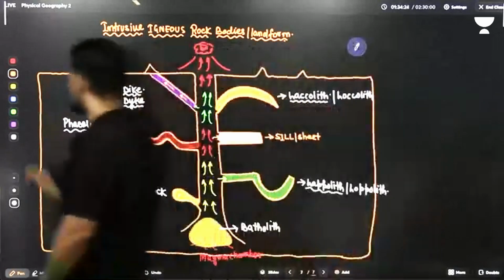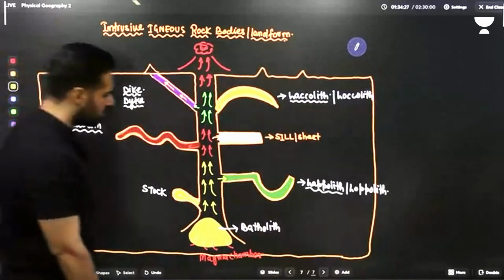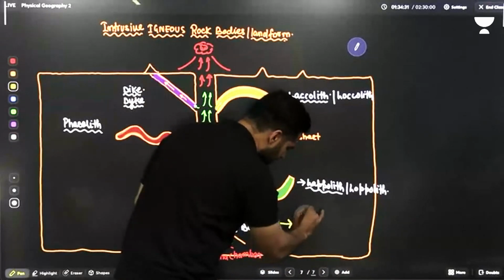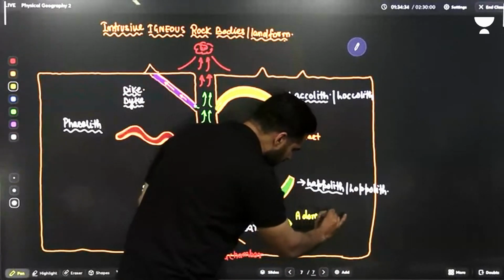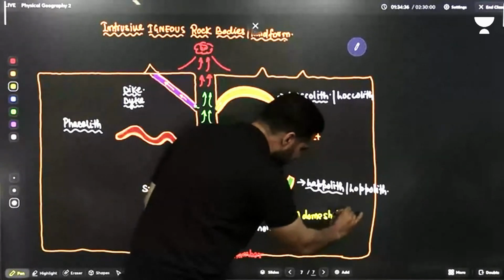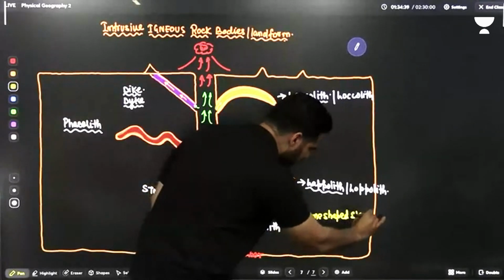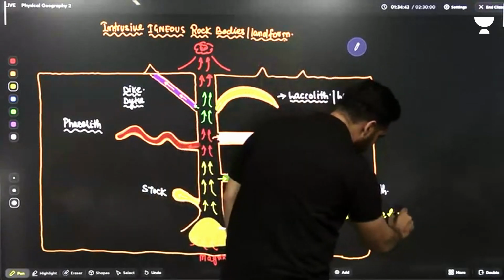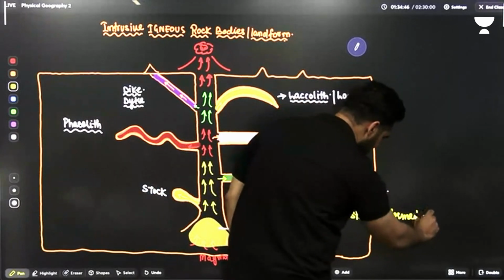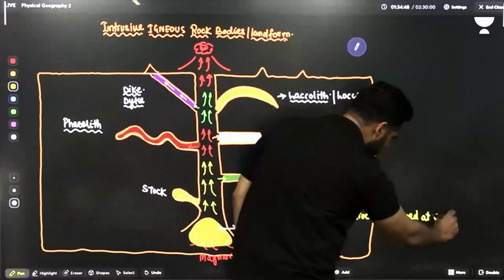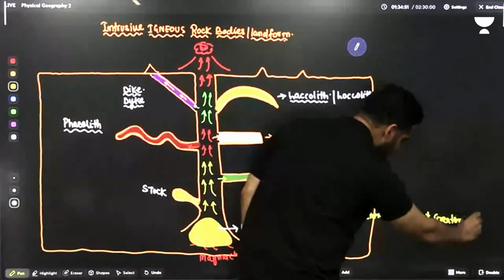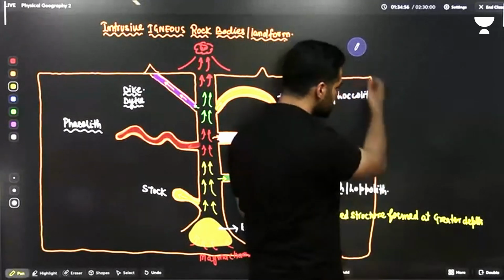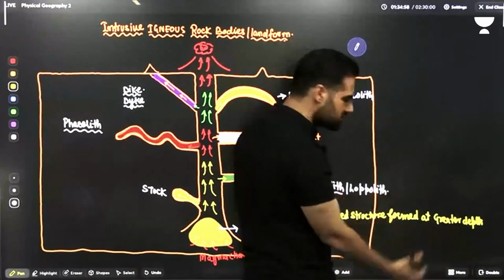Now, let's discuss first the characteristic of the batholith. What I am writing here, characteristics of the batholith. Can I say it is a dome shaped structure formed at greater depth in mantle or in crust? ये crust की बात कर रहे हैं. mantle में कहा तो बहुत गर्म है नीचे.